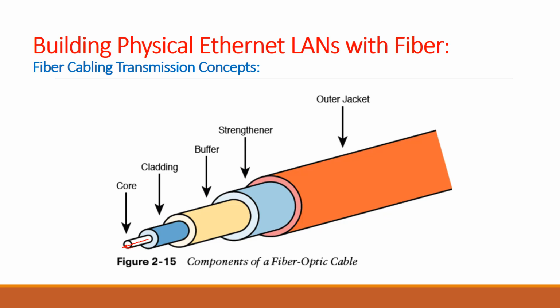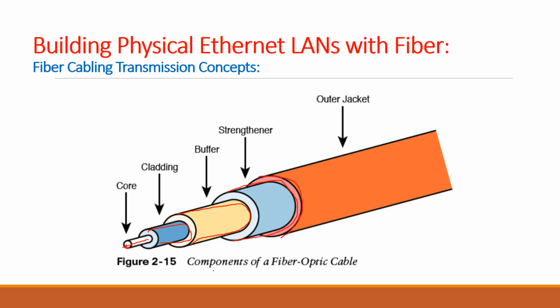That's why in this slide we show how to protect the glass fiber, which we call the core. It has cladding around it to do total internal reflection of light inside the core. There is also a buffer for protection, a strengthener, and an outer jacket for the cable.